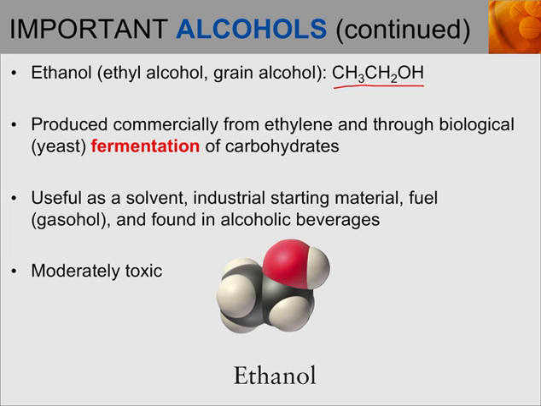I think previously I mentioned that if you mix molasses with yeast, you can go through the process of fermentation to produce ethanol. But it can also be produced commercially from ethylene. So that is this molecule here.